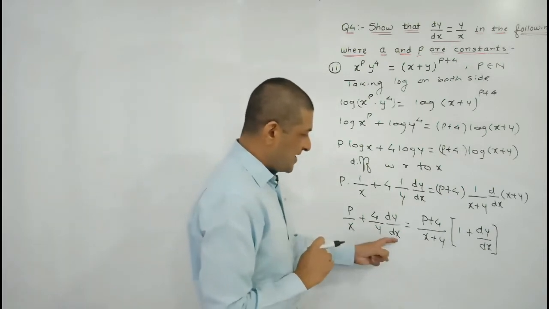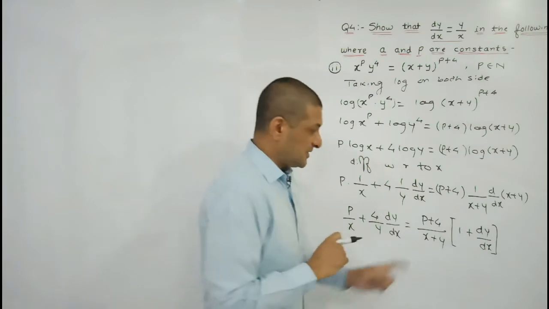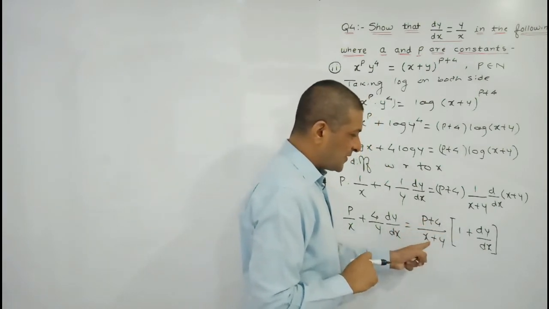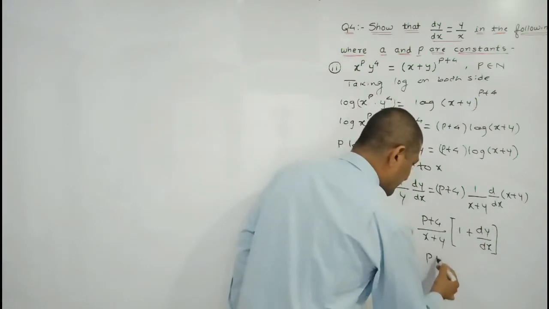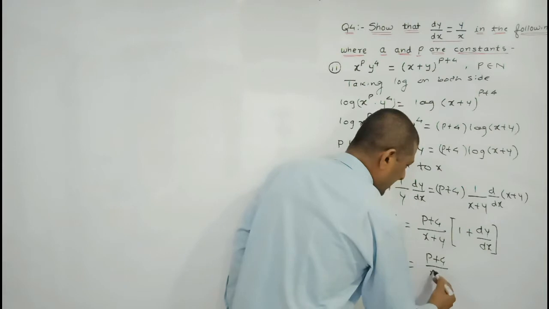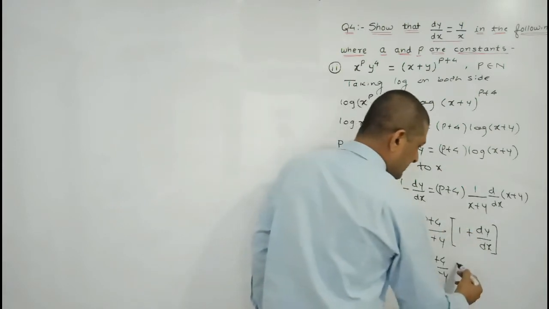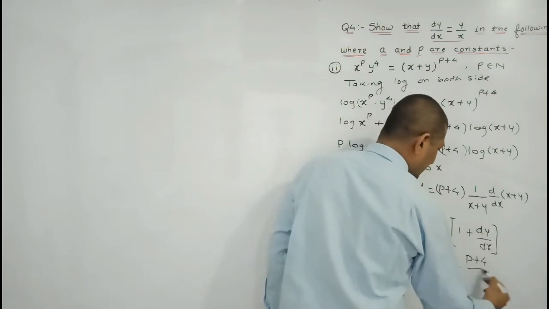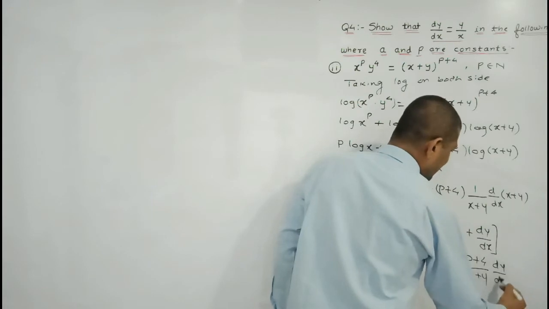Here there is one term of dy by dx, and on this side also one term of dy by dx. But before that, let us simplify this side: multiply p plus 4 upon x plus y to both terms in this bracket. See what we get: p plus 4 upon x plus y into 1 will be the same term, and now I am multiplying the second term, that is p plus 4 upon x plus y into dy by dx.